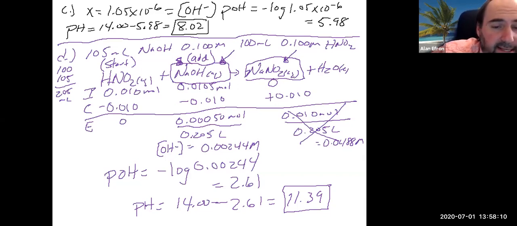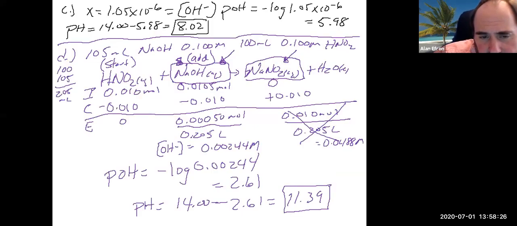So the question is, again, why at this point in the titration do we sort of ignore the contribution of the sodium nitrite and just look at the hydroxide concentration? So it's sort of a simple idea, which is you do have both of those things in there.